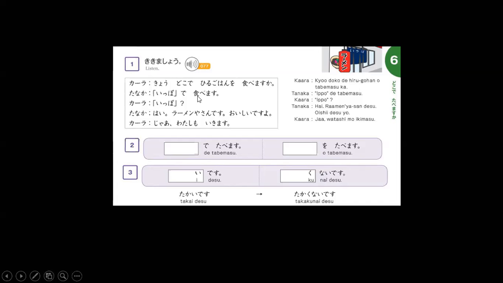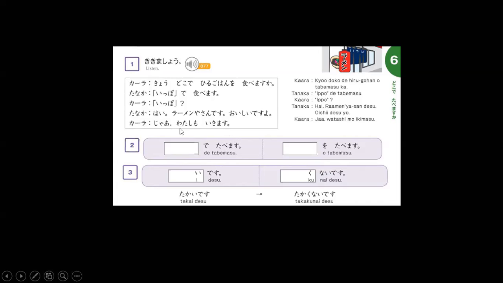I would like to eat at 一歩。一歩はい、ラーメン屋さんです。美味しいですよ。Yeah, it's a ramen restaurant. Japanese noodles, okay? Ramen. 美味しいですよ。It's delicious.